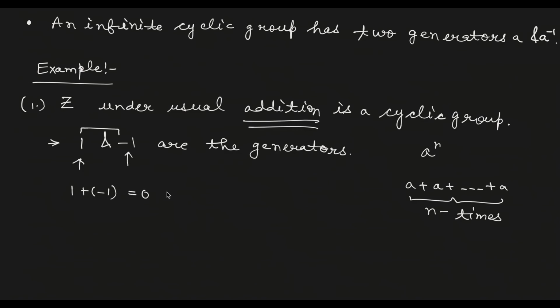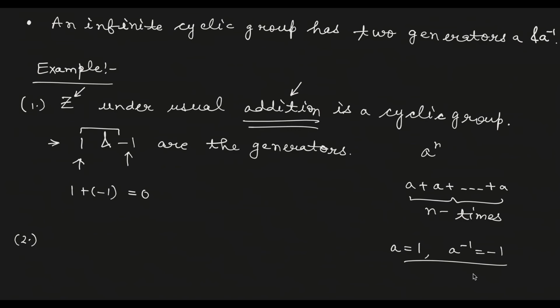So all the elements of this Z will be generated by using these two elements. So whenever we have an infinite cyclic group, then it has only two generators, A and A inverse. Here A is 1, and in case of addition operation A inverse is minus 1. Is this clear?